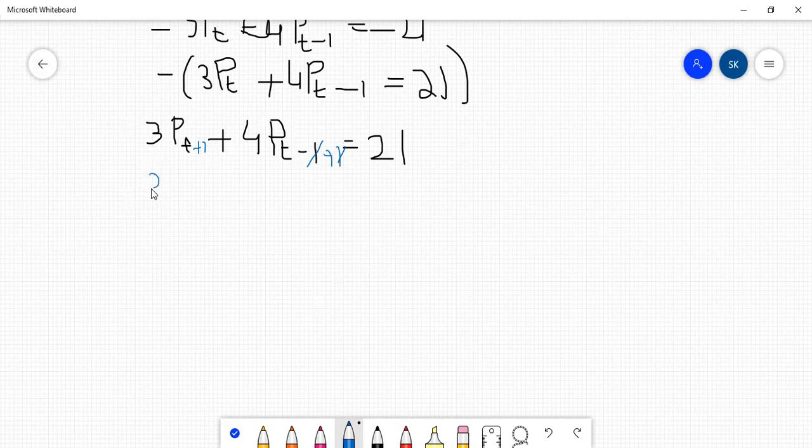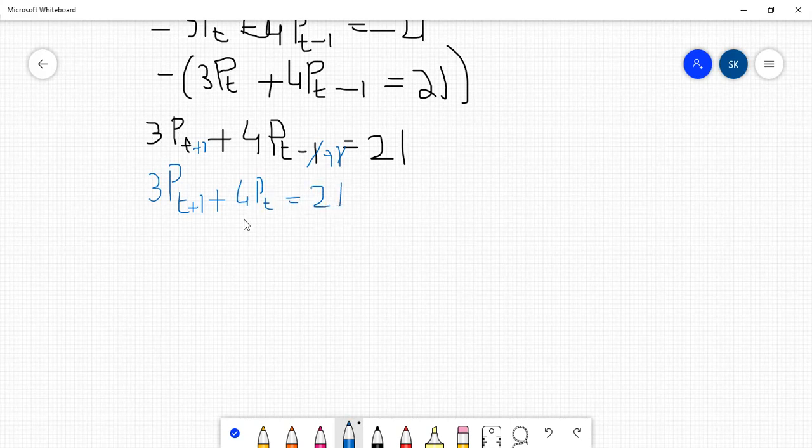Our new equation now will be 3pt plus 1 plus 4pt is equal to 21.